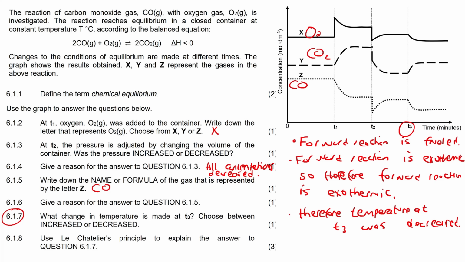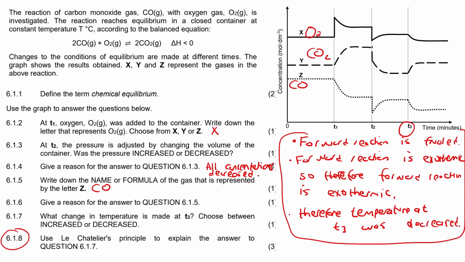Why are you making my temperature lower? I'm going to reverse that and make the temperature higher again. That is why it favors the exothermic reaction, so that it can heat itself up again. So we've done 6.1.7 and 6.1.8 in one go. In an exam, you would have just said decreased over here, and for your explanation, you could have put that over there.